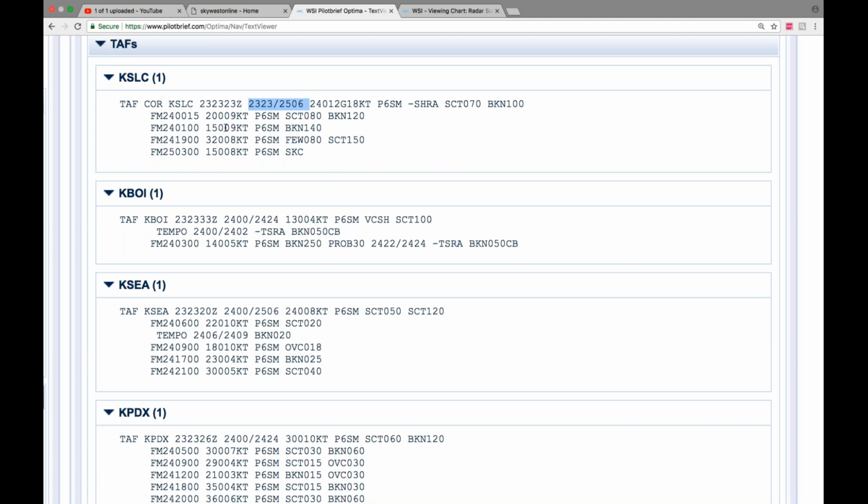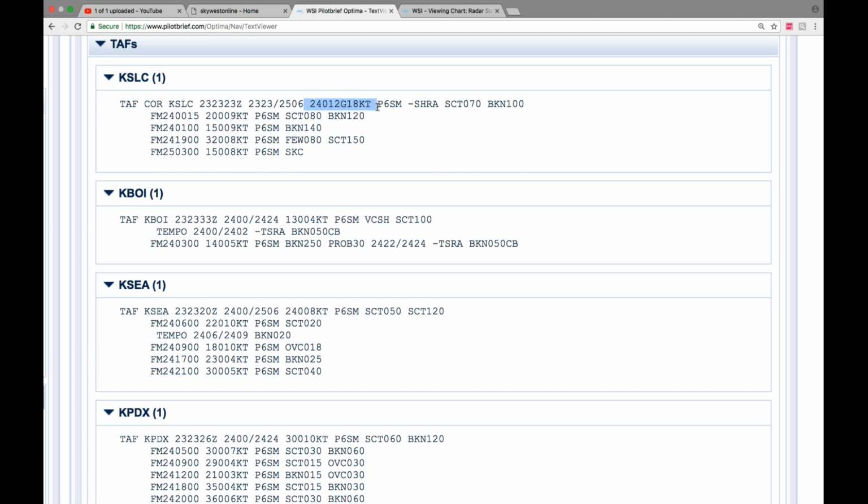Okay. So the valid time is what's going to determine, is this weather still a legal source to look at? So we just check that really quick to make sure that this is a valid TAF, that they're not spitting out old data.